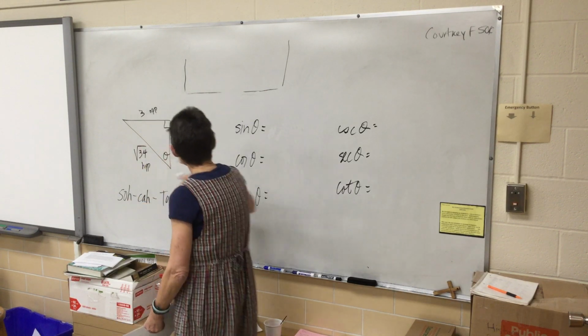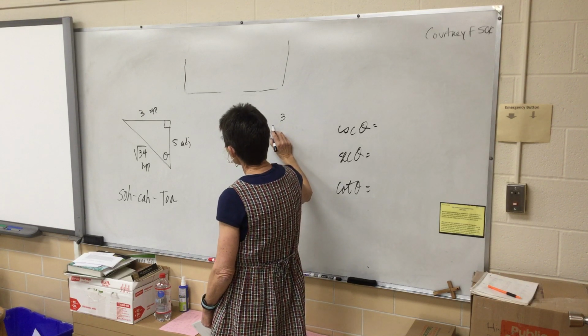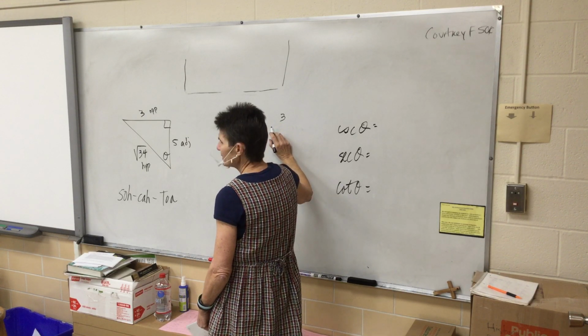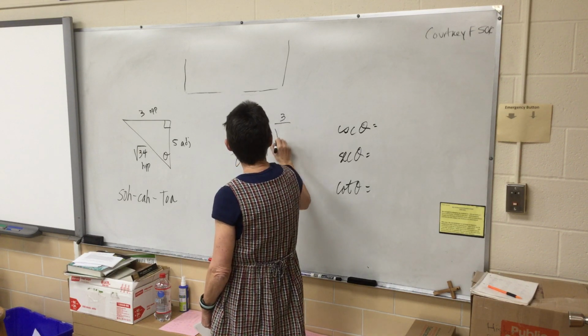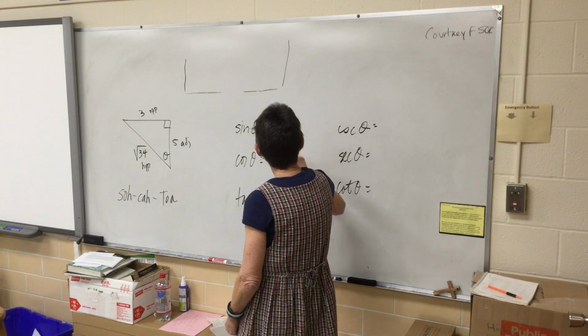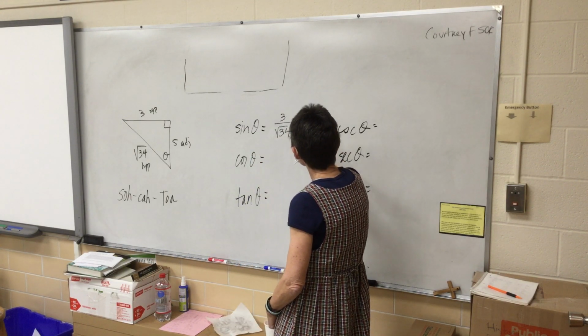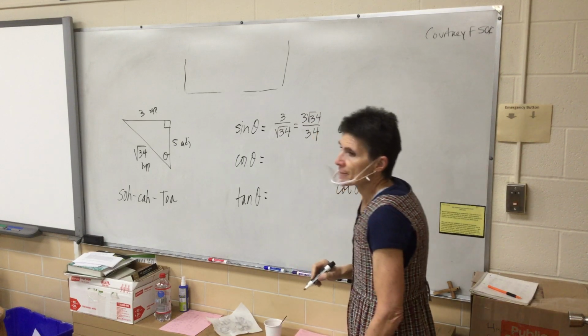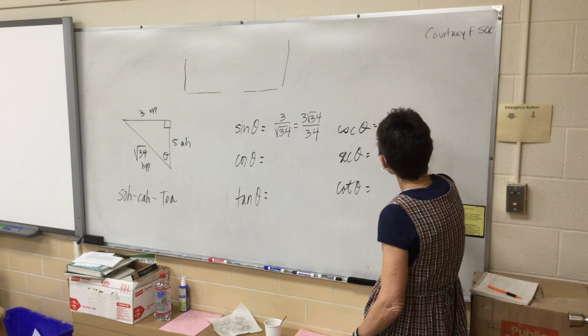So that would be 3 over root 30. Oh, did you say 24 maybe? Yeah. Oh, okay. No, 25 and 9 has to be bigger than 25. Yeah, so it's 3 over root 34. So that's going to be 3 root 34 over 34. Our cosecant is root 34 over 3.